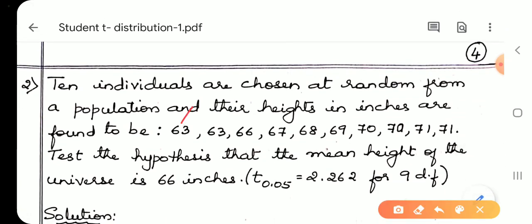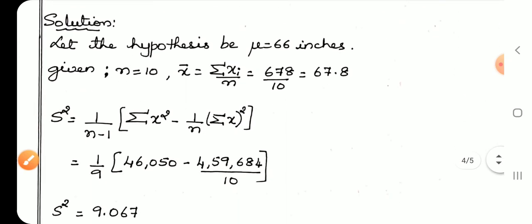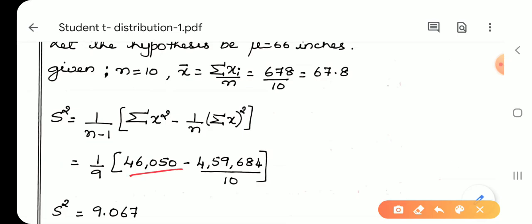If you take the square of each, that is what we had here, 63 square plus 63 square plus 66 square plus 67 square plus 68 square plus 69 square, like that. If you take the square of each and add, you get 46,050. If you add all the sigma x, you get here 678.